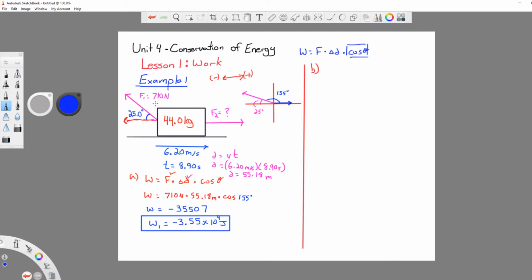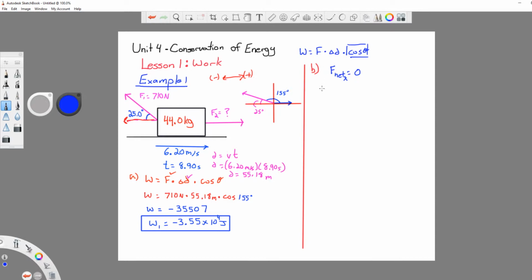So constant velocity means uniform motion. We just finished a dynamics unit. From dynamics, we should know that if it's moving at a constant velocity, F net in the x direction is equal to 0. Which means that this force 2 pulling to the right is pulling just as hard as this F1x component is. F1x is equal to F2.